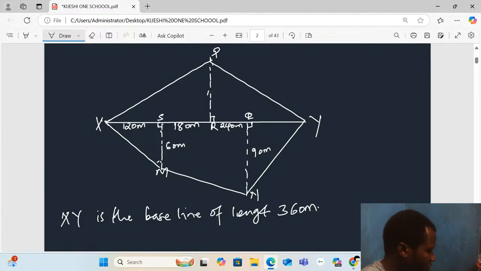Therefore, from X to S is 120, and then from S to R is 180, and then from R to Q is 240. So the baseline is 360.